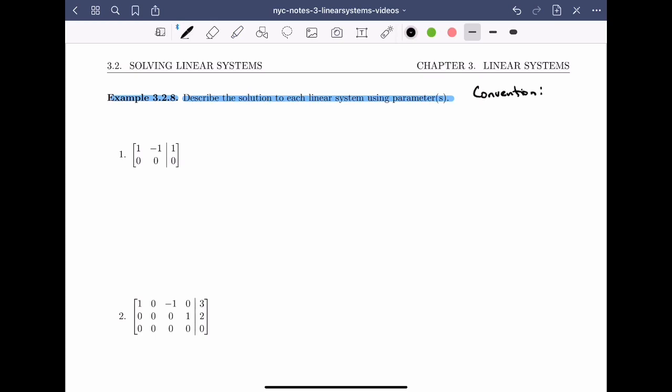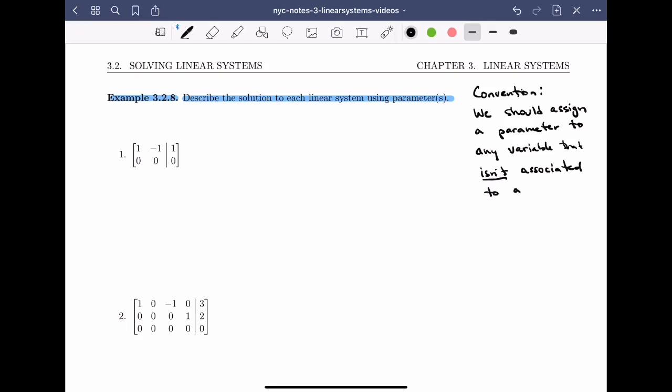The convention says that we should assign a parameter to any variable that isn't associated to a leading entry. This means that once we have the row echelon form or the reduced row echelon form of an augmented matrix, we should identify the leading entries.